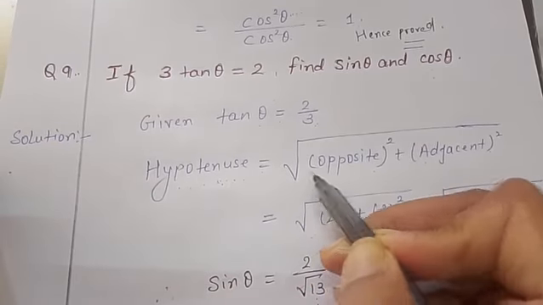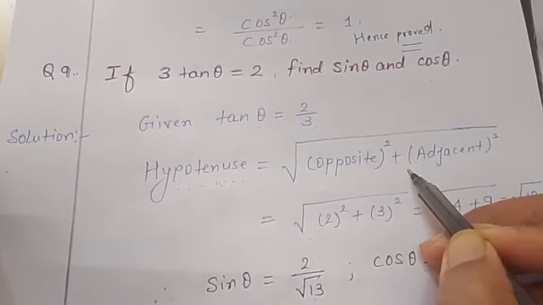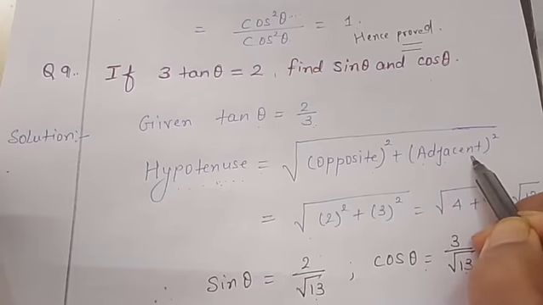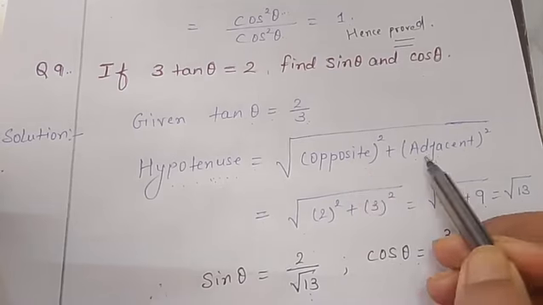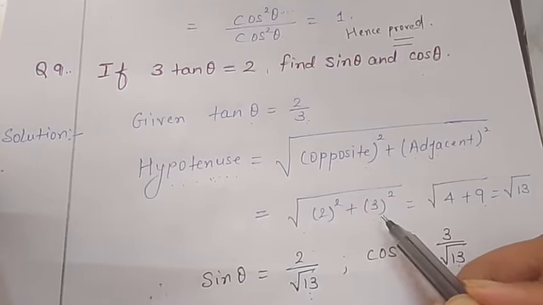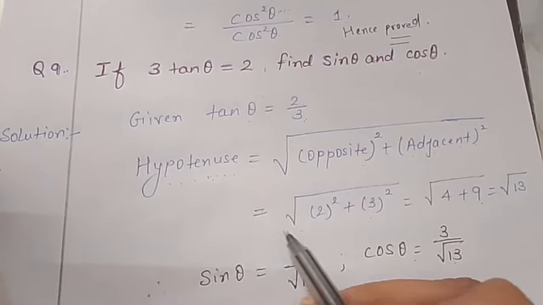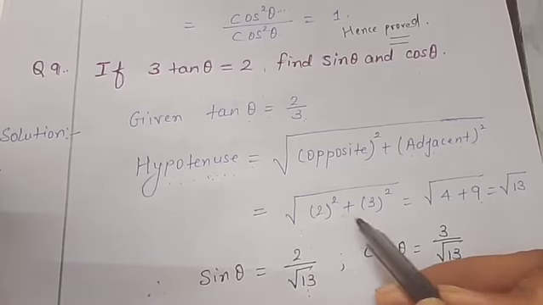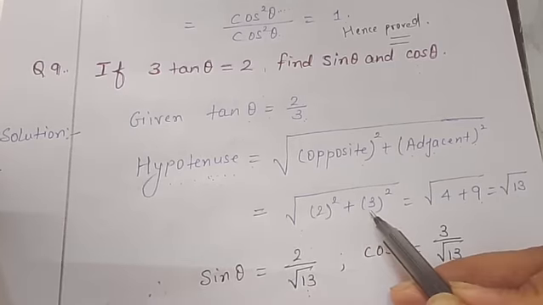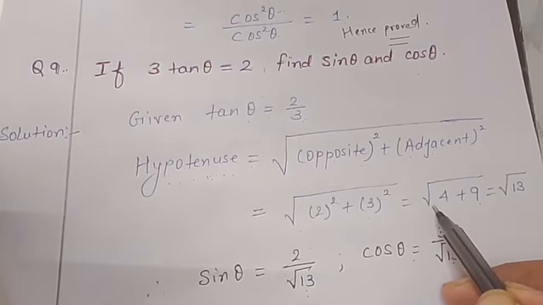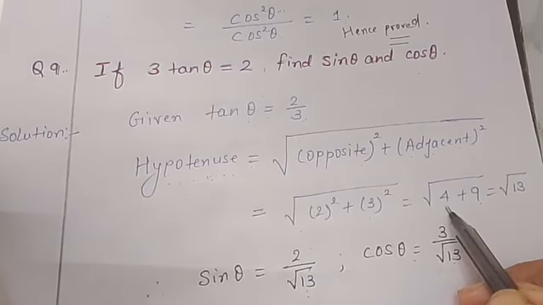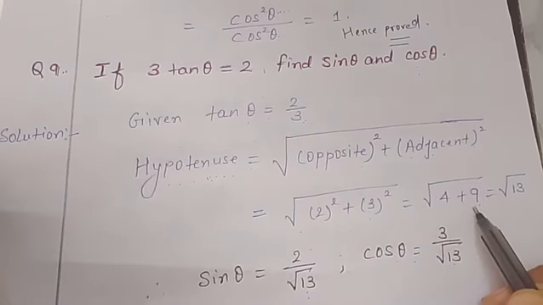Hypotenuse is equal to under root opposite square plus adjacent square. Substitute the values of opposite and adjacent: under root 2 square plus 3 square. 2 square becomes 4, 3 square becomes 9.